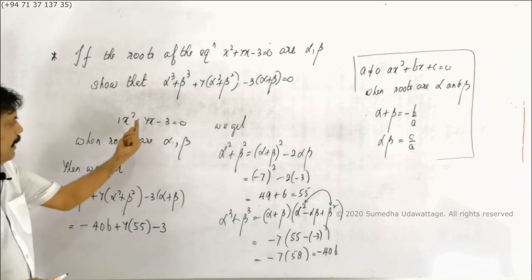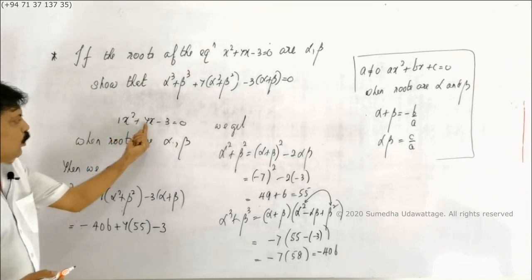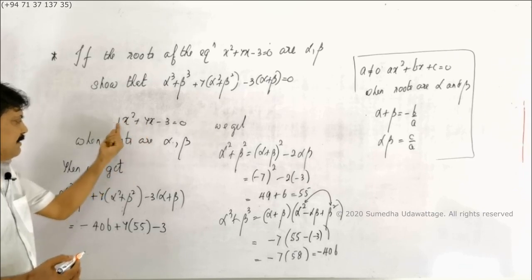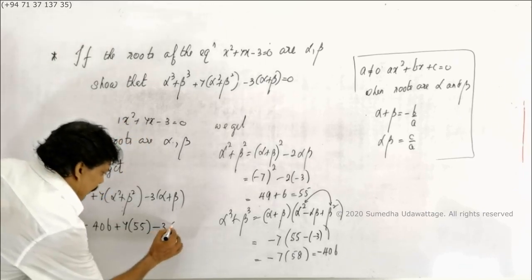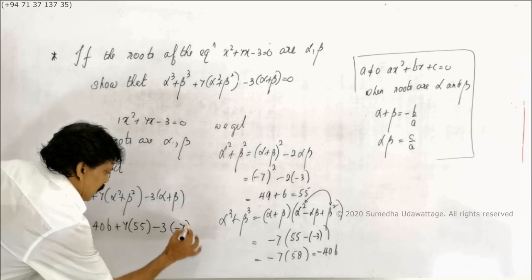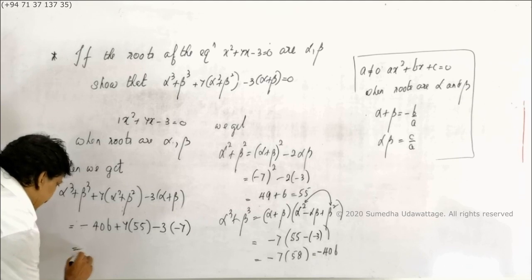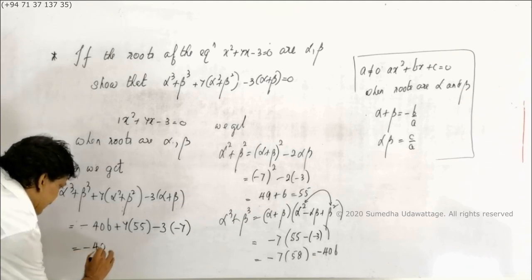alpha plus beta was minus b over a, that was minus 7 over 1. This is minus 406.